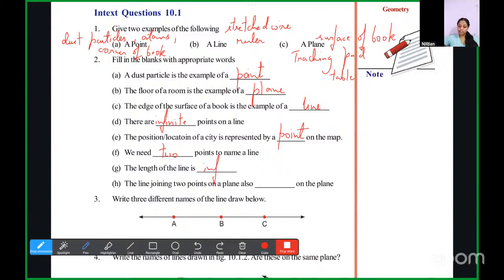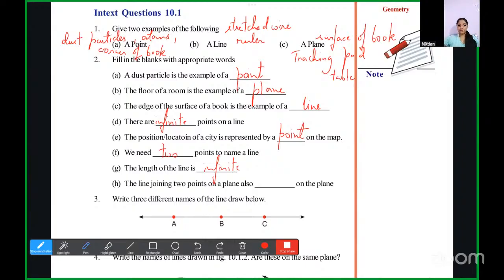Infinite, because it can be extended infinitely in both the directions. The line joining 2 points on a plane is also a dash on the plane. Is it perpendicular or parallel? Ma'am, is it perpendicular? No, it is parallel?